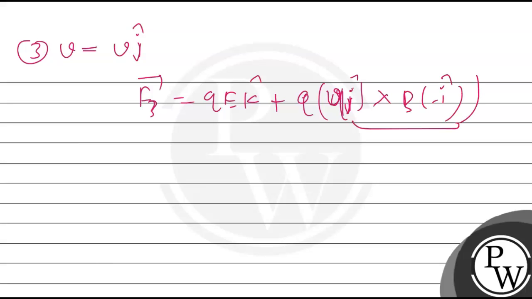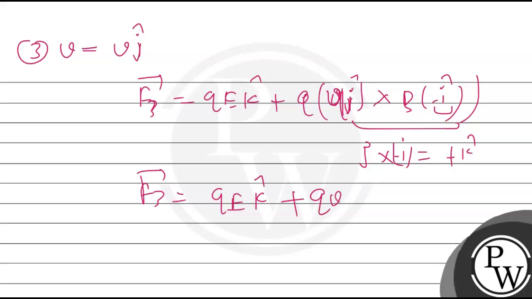If we do this, j cross i will be equal to minus k cap, and with the minus before the i cap mentioned over here, this becomes the positive k cap direction. So the final value of the force will be qE k cap plus qVB k cap. This is the value of F3.